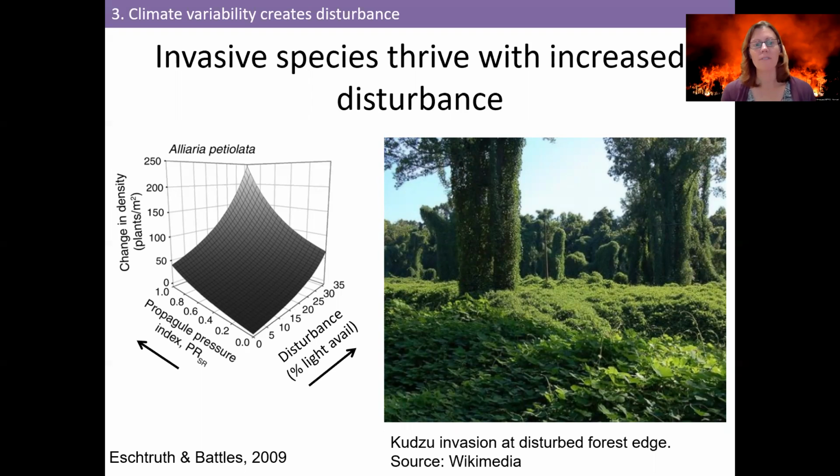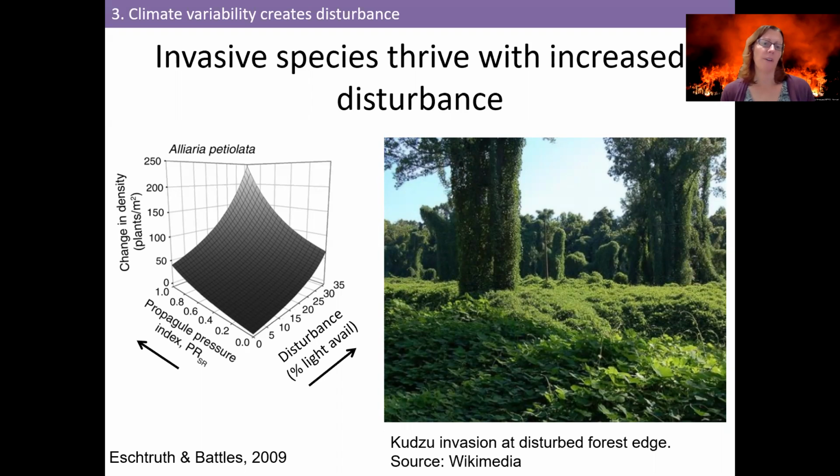The figure on the left is kind of a classic figure in invasion ecology, looking at garlic mustard and the link between disturbance, in terms of light availability. Basically, if you knock down a tree, then garlic mustard is happy because it's got some light, and you end up with more density, more stems of the plant in that area.